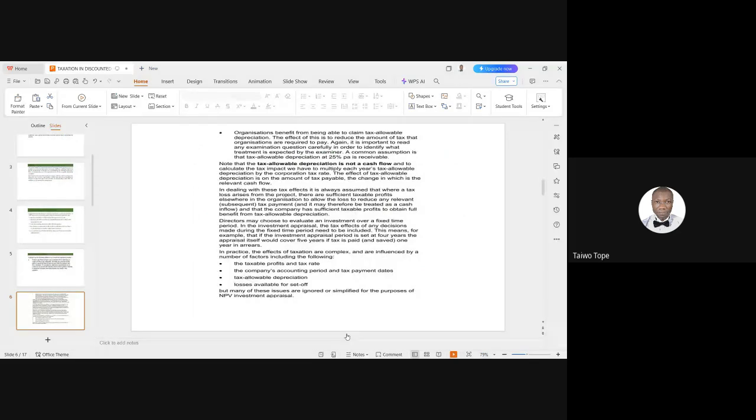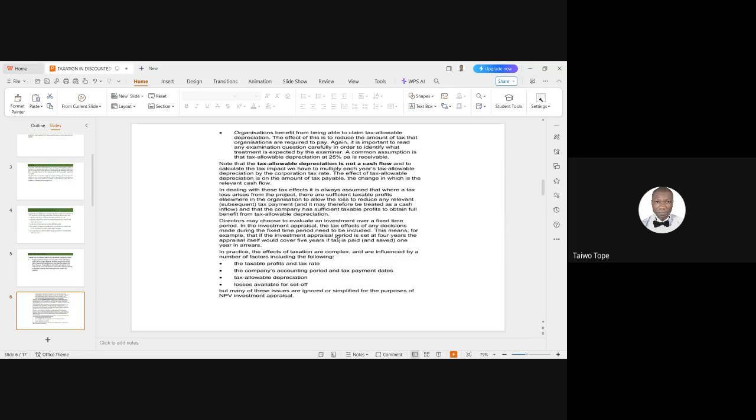You should always read the questions carefully. Organizations benefit from being able to claim tax allowable depreciation because tax allowable depreciation at 25% per annum is receivable.